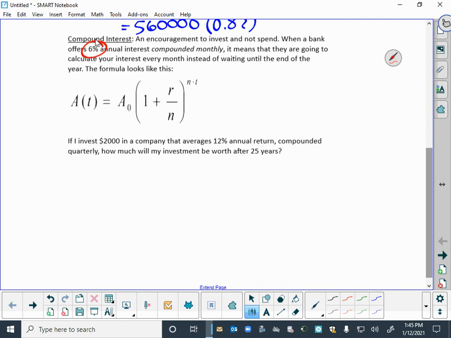So, for example, if it's compounded monthly, there are 12 months in a year, so they would take your 6% and divide it by 12 and get 0.5%, and they're going to give you 0.5% every month. Okay? And this ends up being a little bit better than 6% as you go along.